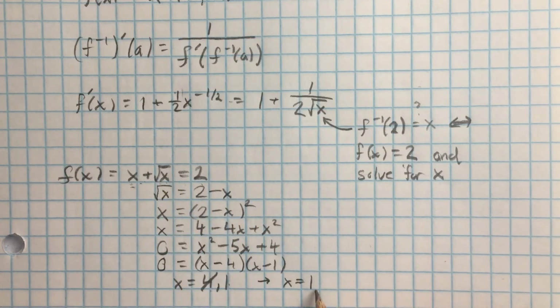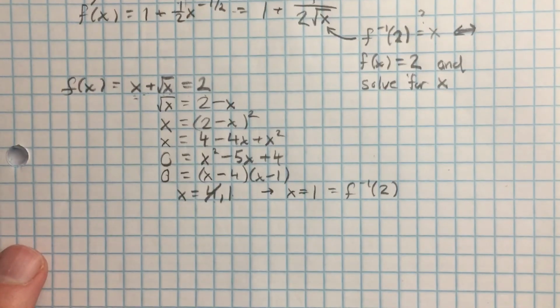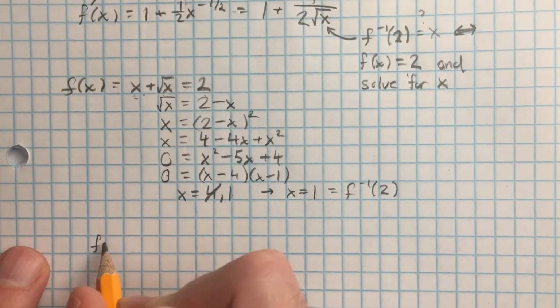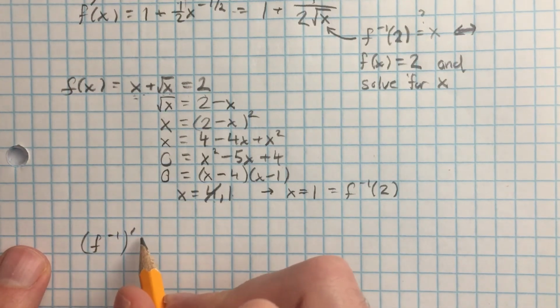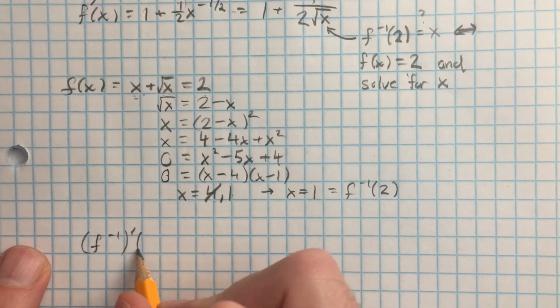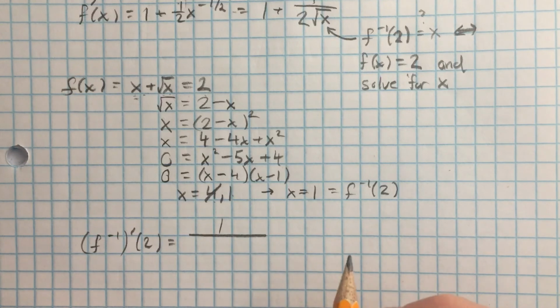So either way, we have x equals 1. So what is this x? This is really f inverse of 2, and that's what we needed to plug in to our derivative. So now, doing the formula very quickly, f inverse prime at 2 is the same as 1 over 1 plus 1 over 2 root of 1.